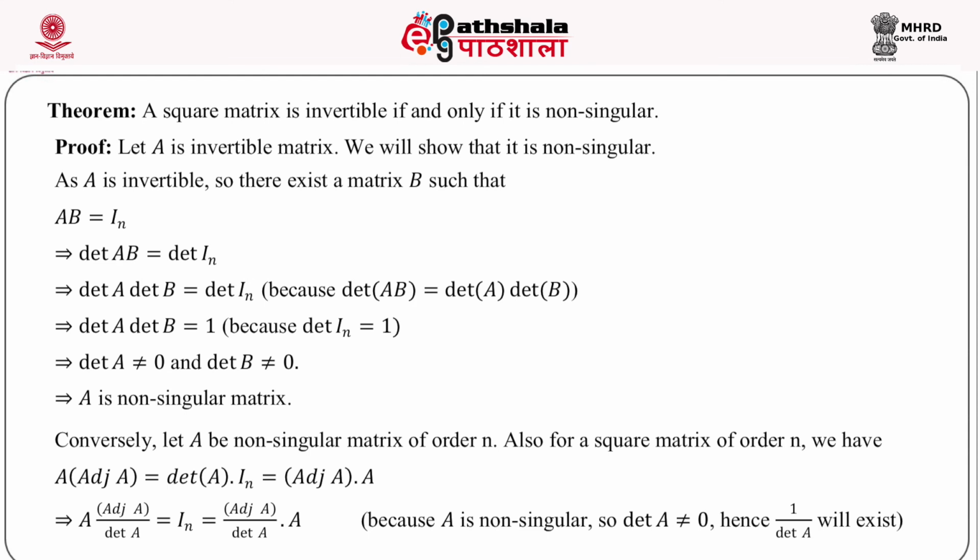Now, let us prove the converse of this theorem. Let us suppose that A is a non-singular matrix of order n. Also, for a square matrix of order n, we have A into adjoint of A is equal to determinant of A into the identity matrix, which is again equal to adjoint of A into A. Now this implies A into adjoint of A divided by determinant of A is equal to the identity matrix, which is equal to adjoint of A divided by determinant of A into A. Because A is a non-singular matrix, the determinant will be non-zero, hence 1 by determinant A will exist.